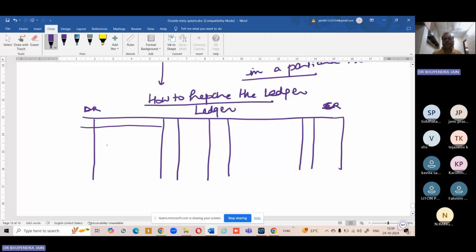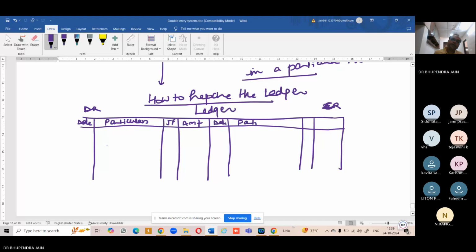Each side has four columns. Number first column, date. Then particulars, then general folio number, then amount.